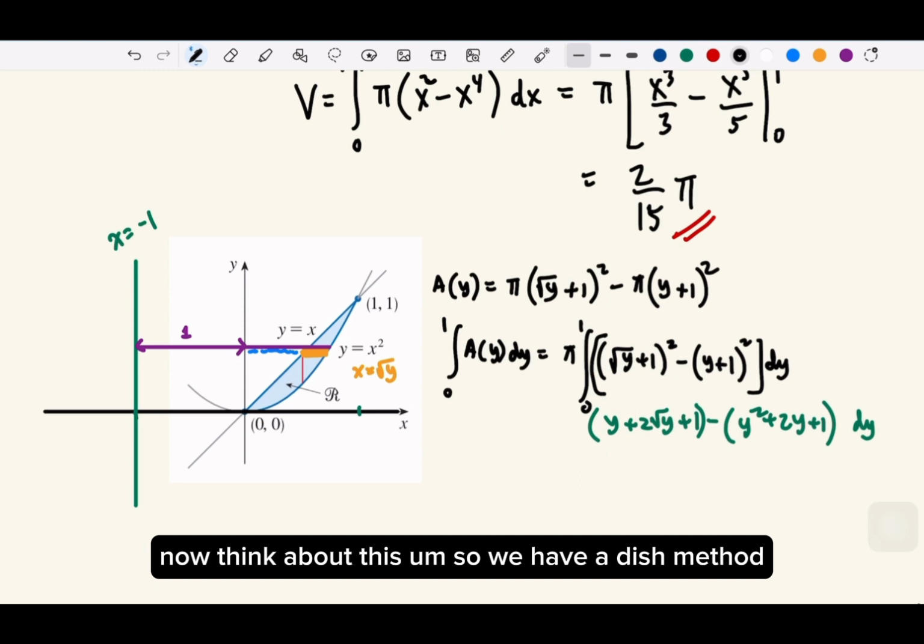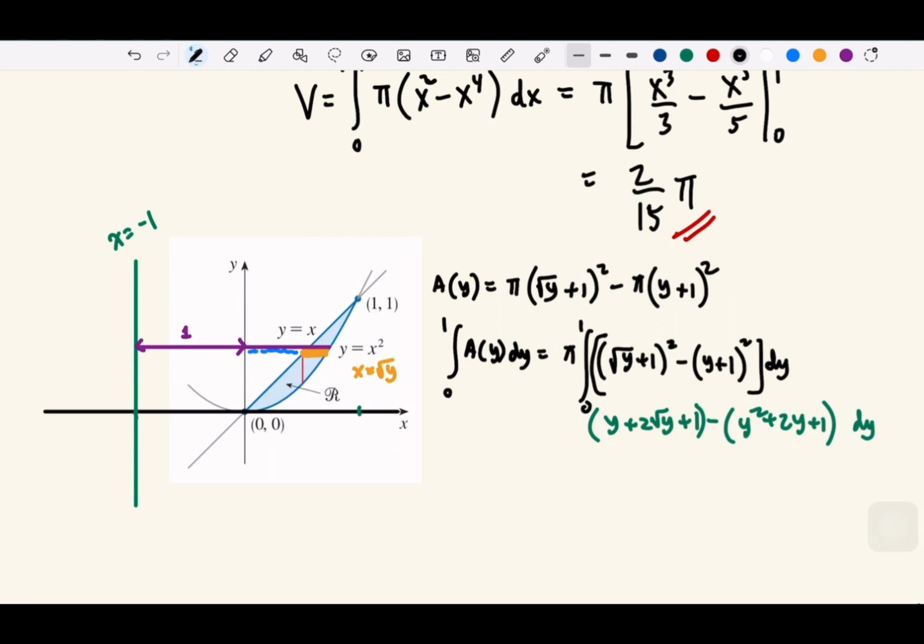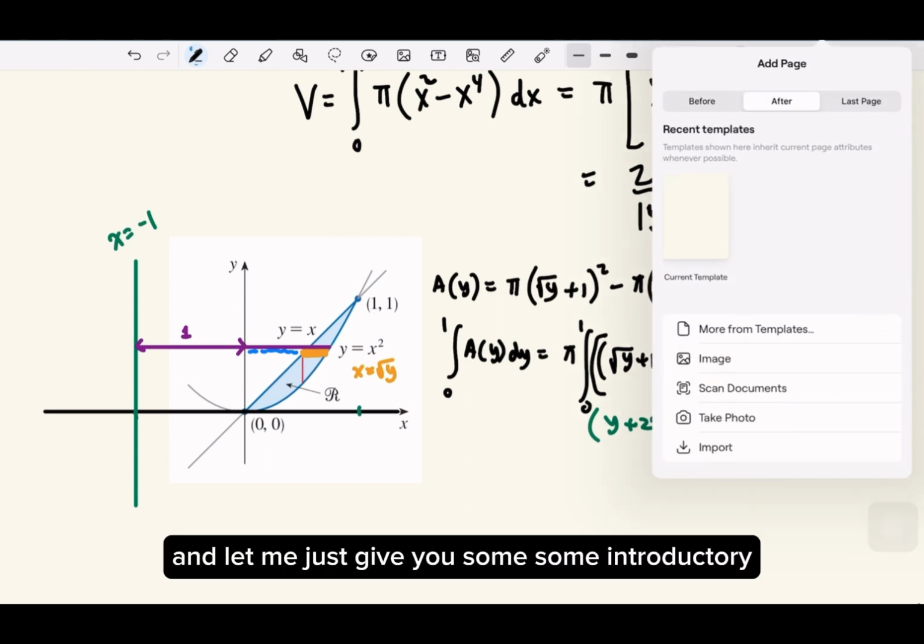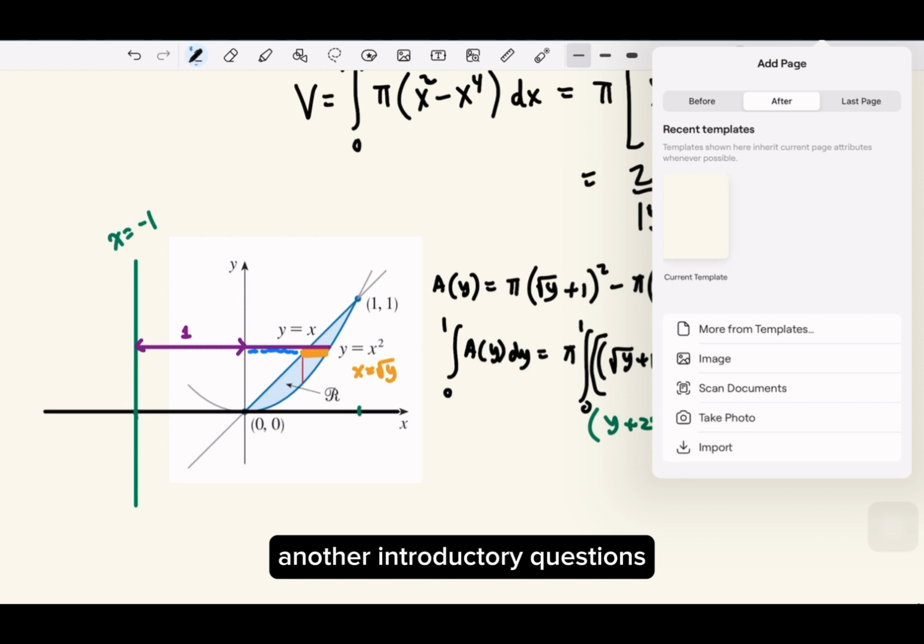Now think about this. We have this method. We have the washer, which has the hole in the circle. And let me just give you some introductory questions.